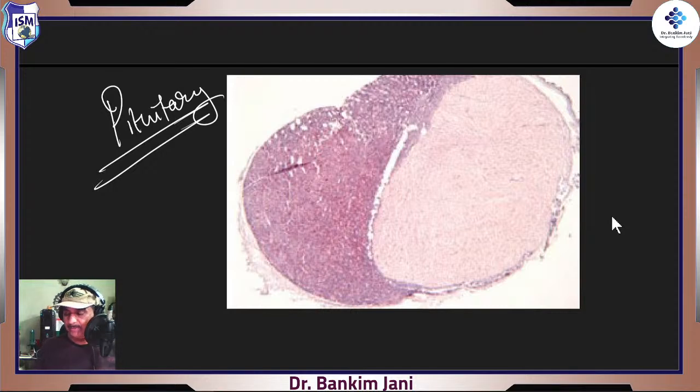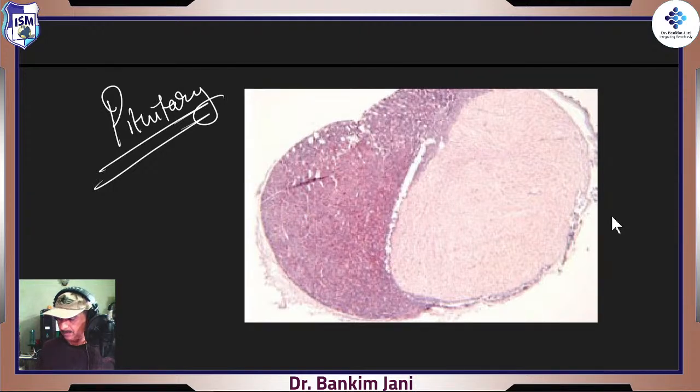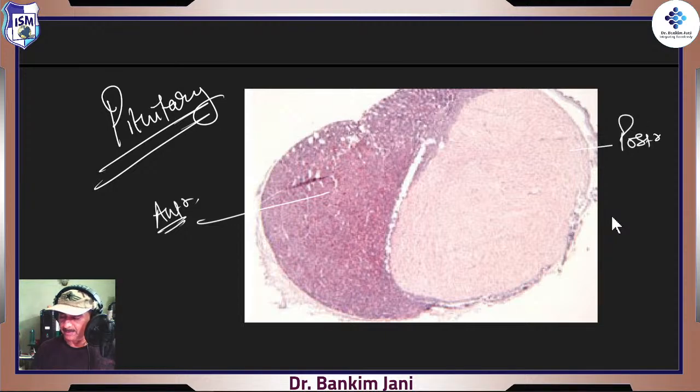Deliberately I have put this because in one figure it can teach you so many things. One, this is the anterior pituitary, and this one is the posterior. Okay.